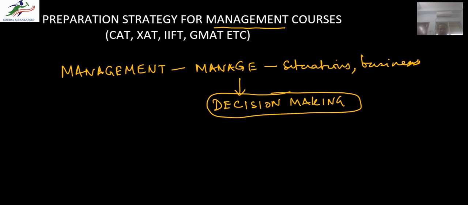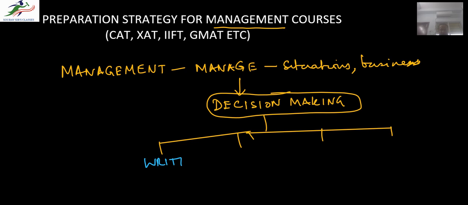And therefore, the entrance process to any of these courses will test you on your decision making skills. So typically, this consists of 4 steps. The first step would be a written test. The second would be the application process.